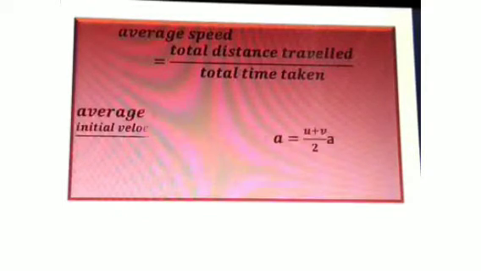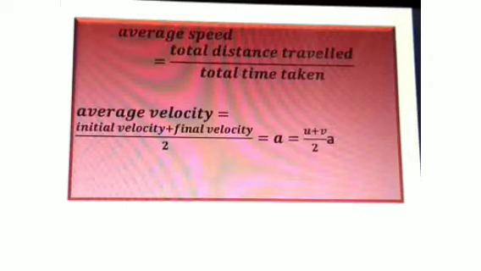Average speed is equal to total distance travelled divided by total time taken. Average velocity is equal to initial velocity plus final velocity divided by 2, that is, v_avg = (u + v)/2. Equations of motion: there are three equations of motion.